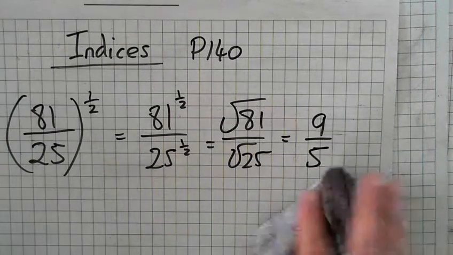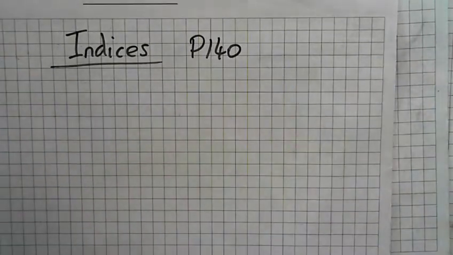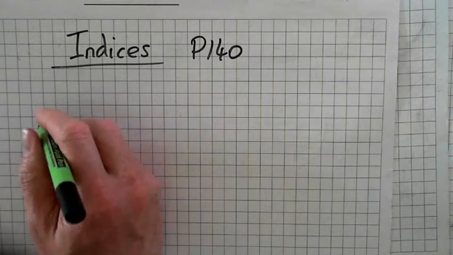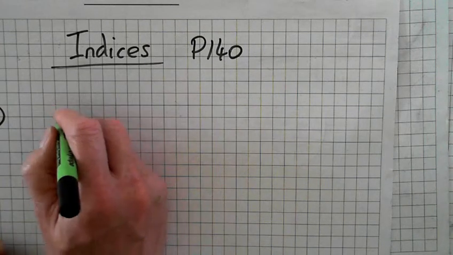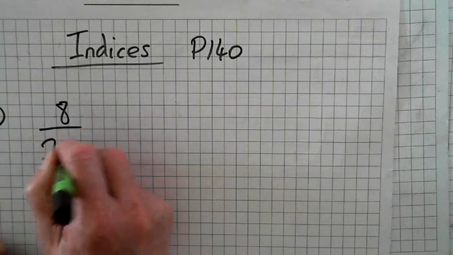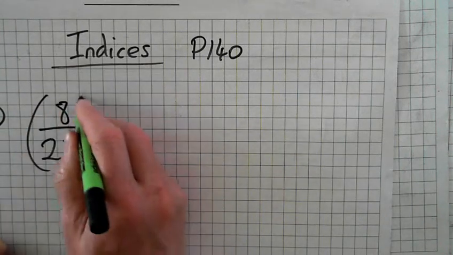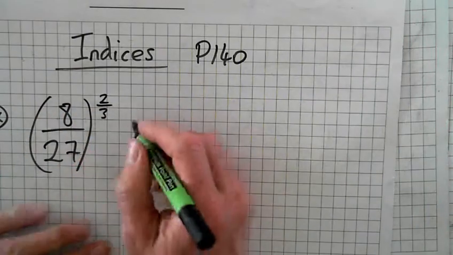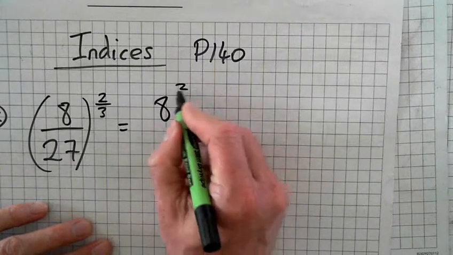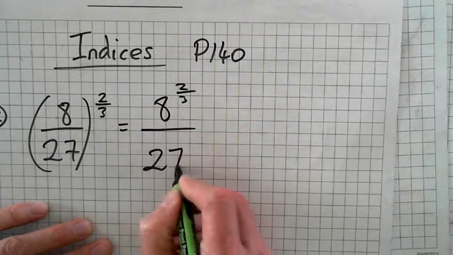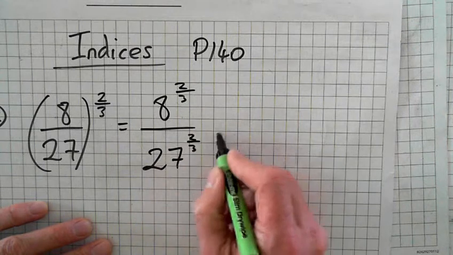And we might as well do one more. So 10. We have 8 over 27 to the power of 2 over 3. Break it up: 8 to the power of 2 over 3 over 27 to the power of 2 over 3.